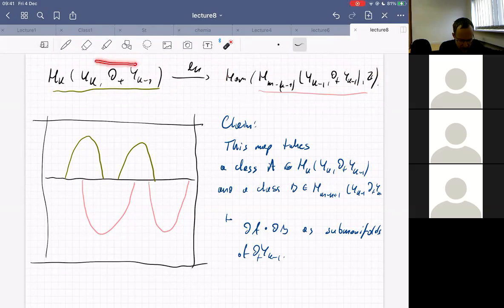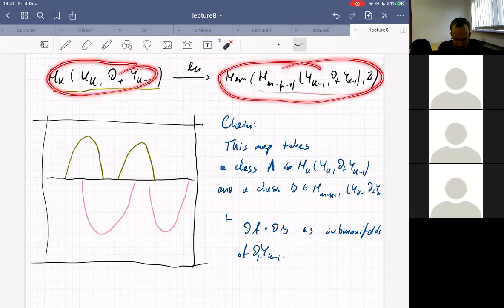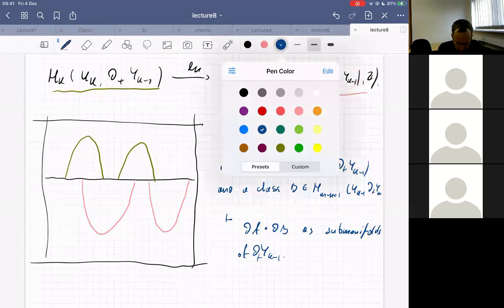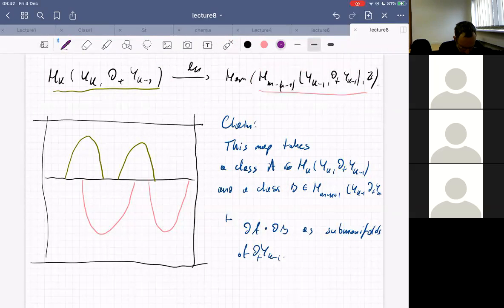If you have a map from this to Hom, to the dual space, it's like giving a pairing from this times this to Z. So that's the number. And this map takes A and B to the intersection index as submanifolds of that guy. And I don't prove this claim because Livio didn't prove it.